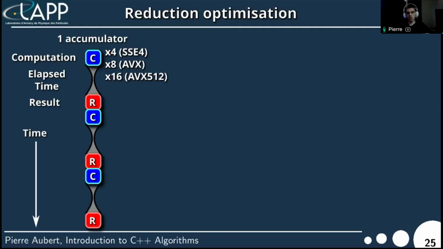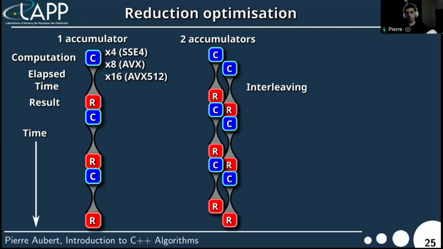So the trick is, if I use two accumulators, I'll be able to compute the sum of the first one, then I wait for the result, but then I can compute the second one. Not at the same time, because of course I have only one unit to do the addition in my core, but I can do the computing in a different mode, and then I can wait also.